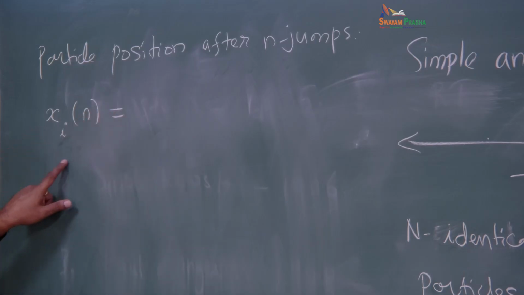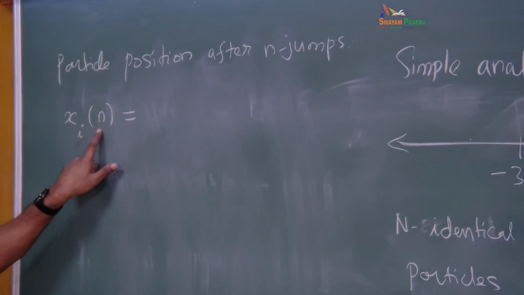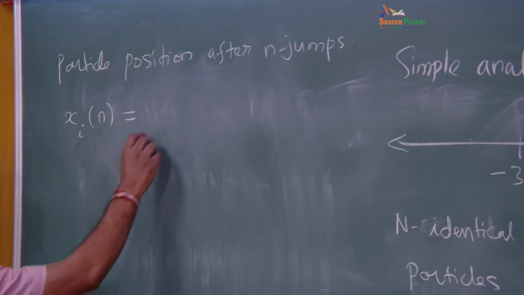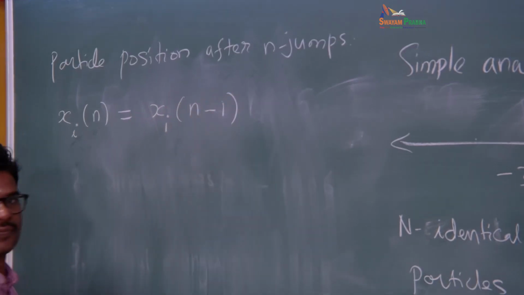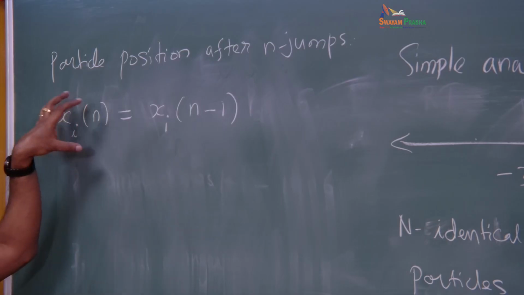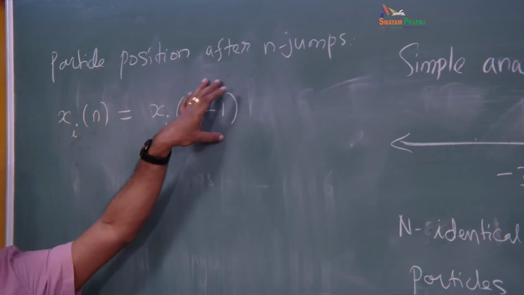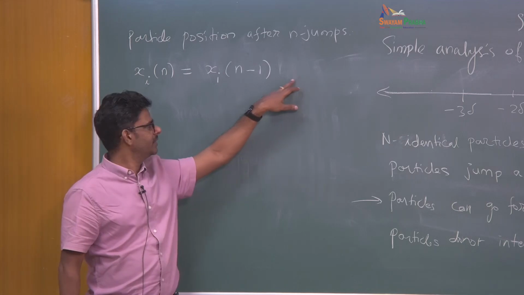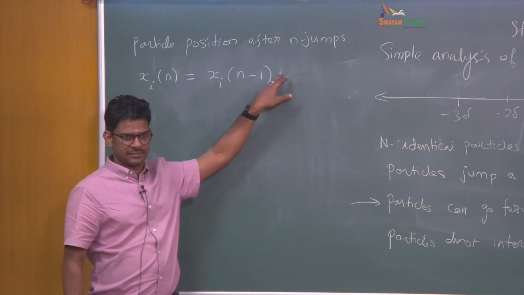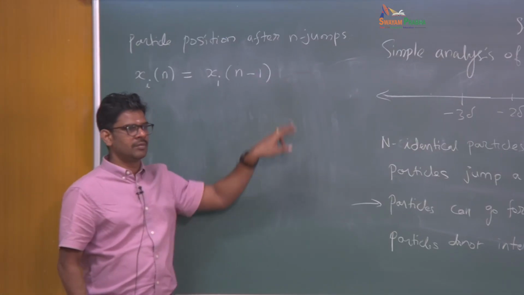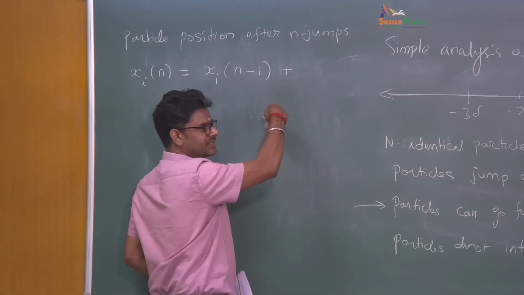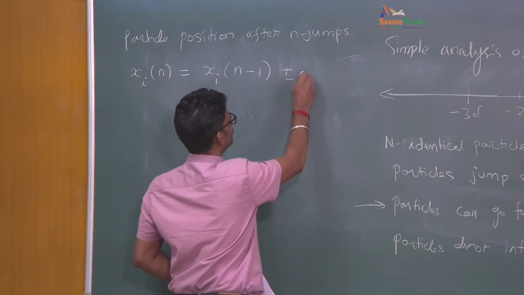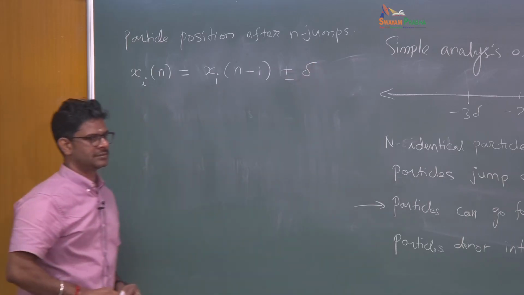Xi n is the ith particle's position after n jumps. So this can now be written as a recursive relation. The current position is nothing but the previous position plus, or rather, the actual distance it has covered, that would be plus or minus delta, isn't it?